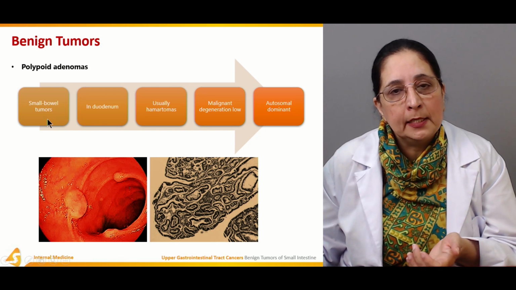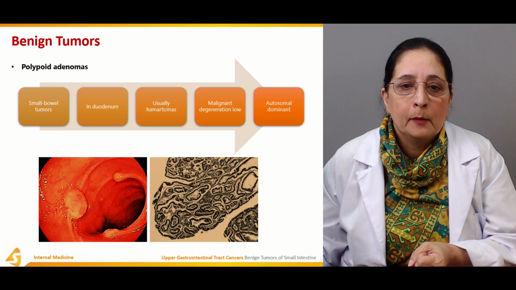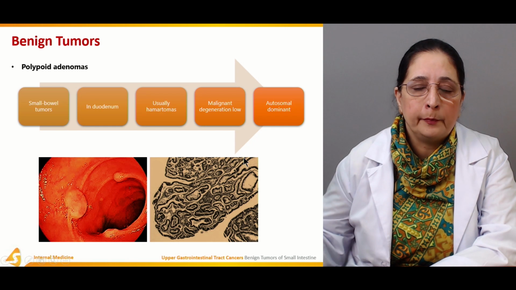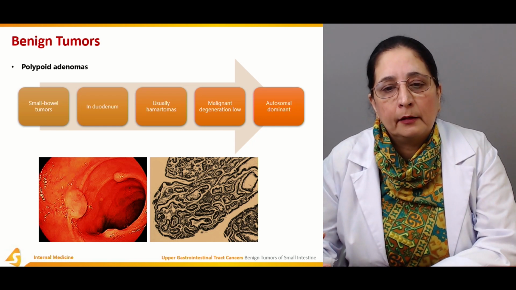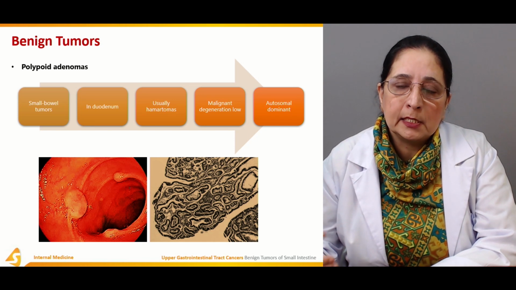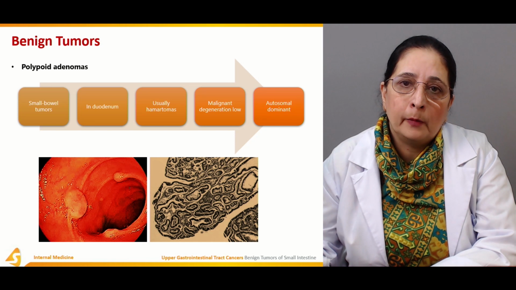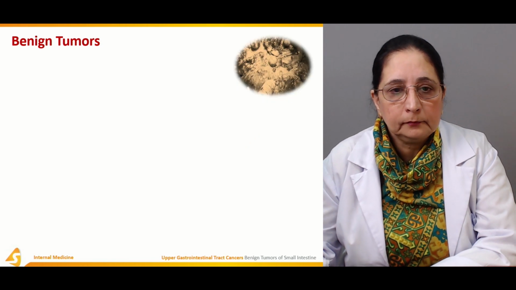The duodenum is the site mainly affected by polypoid adenomas, and they are autosomal dominant. There are conditions like familial polyposis, in which polyps are formed. They are autosomal dominant and have a genetic predisposition.